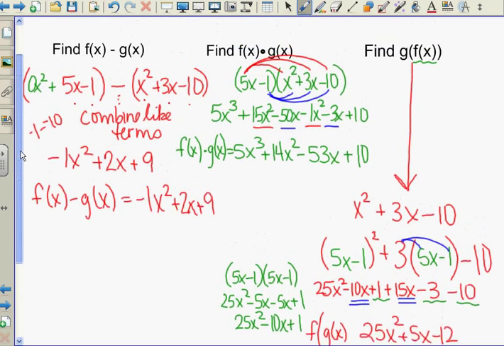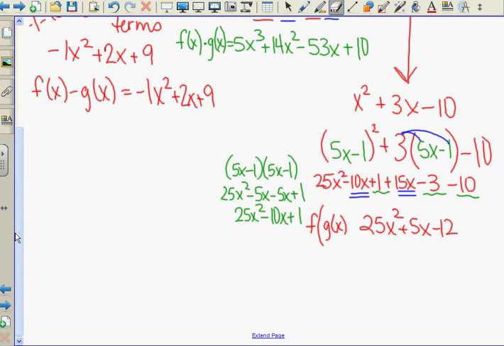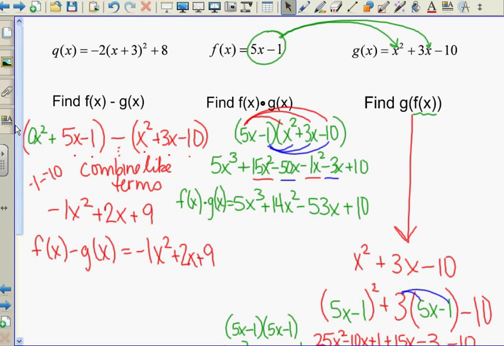Wait, did I write that backwards? Yes, I did. Let's fix that. There we go. G of f of x, so putting f inside of g. Okay, so this is not new stuff, it's just doing it with quadratics. Same stuff as old stuff. So I'll post the worksheet, you can get working on that very, very soon.